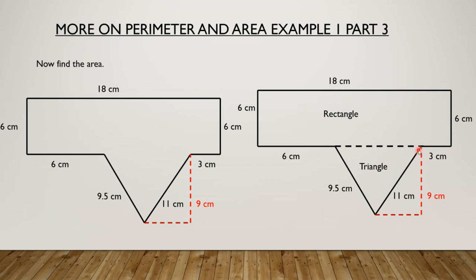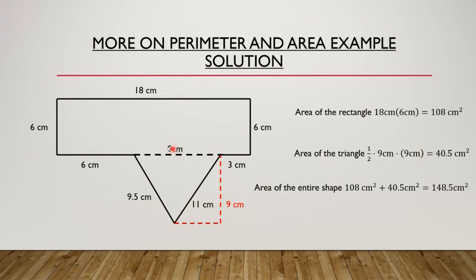That's what this has to be then. So the base length of this triangle is 9 centimeters. The height is also 9 centimeters. So we can get the area. And that's what we do here. We have the area of the rectangle, 18 centimeters times 6 centimeters, which is 108 square centimeters. Here's the triangle. And so for the area of the entire shape, you just add them up.